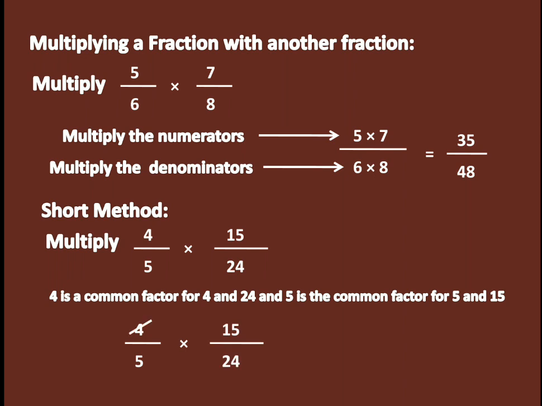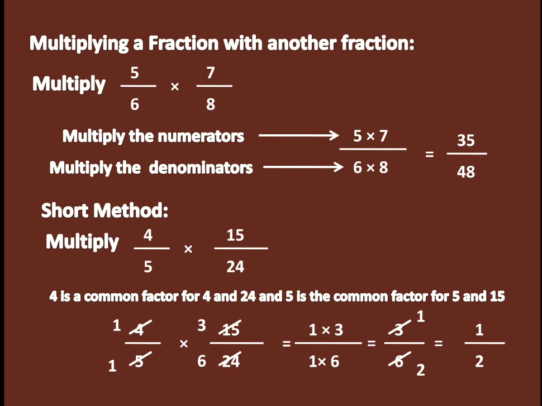First, 4 ones are 4 and 4 sixes are 24 and 5 ones are 5 and 5 threes are 15, is equal to 1 into 3 by 1 into 6. Here 3 by 6. Again 3 is the common factor for 3 and 6. So answer will be 3 ones are 3 and 3 twos are 6 is equal to 1 by 2.